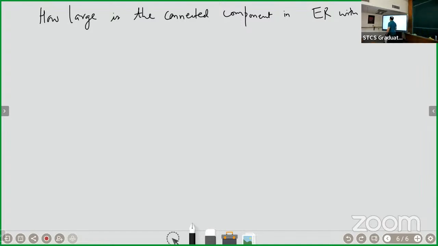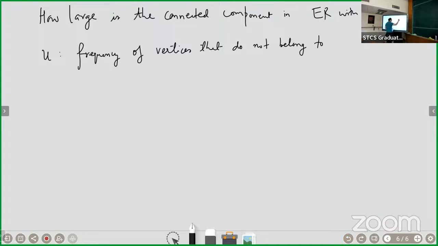Okay, so let's define, I don't like this noise, U to be the frequency of vertices not part of the giant. By giant I mean order n.